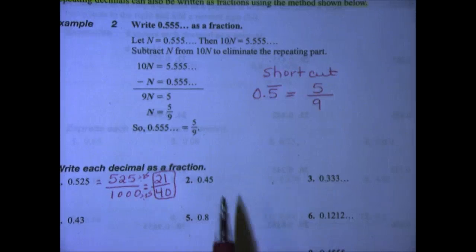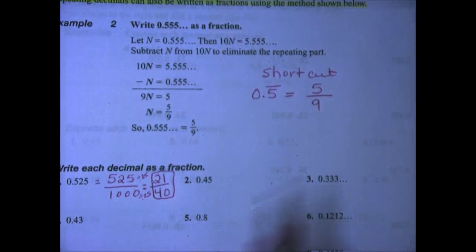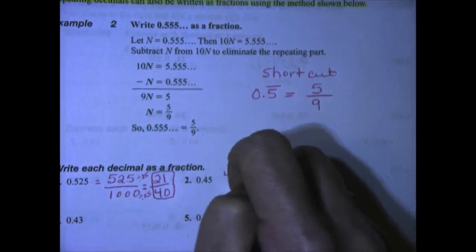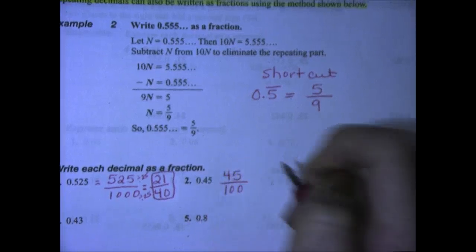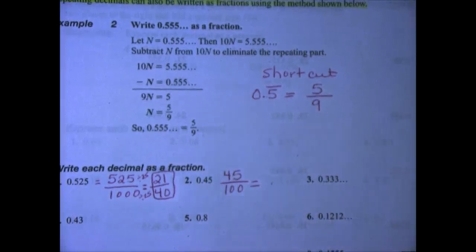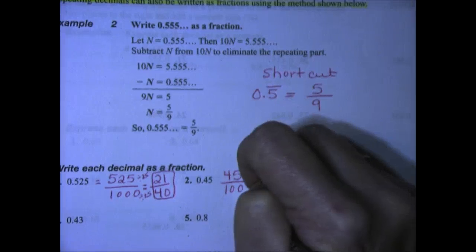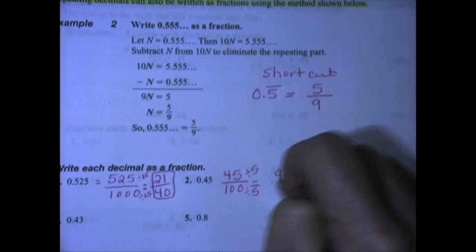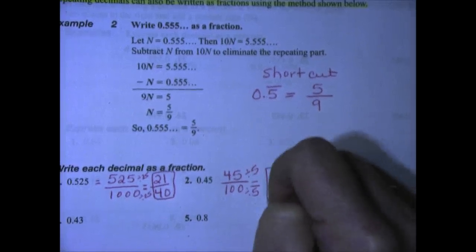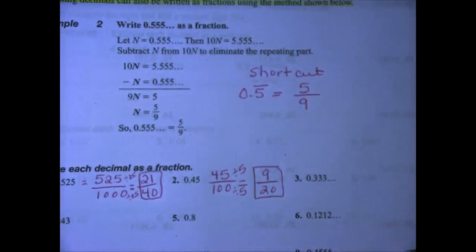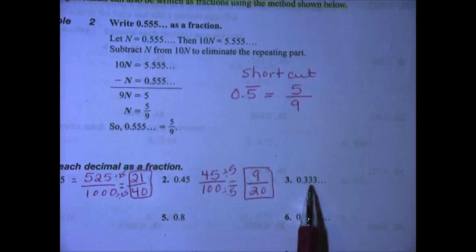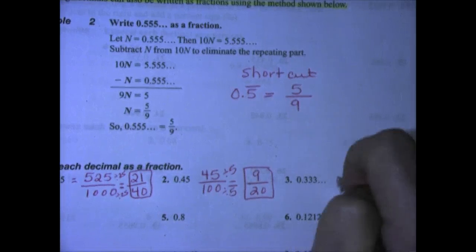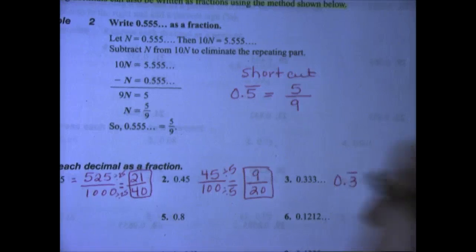Number 2, if I read this correctly, it's 45 hundredths, so I'm going to take 45 over 100 and simplify it. Here I would probably simplify by dividing by 5, and I would get 9 over 20. Now, number 3, we've got 0.333 repeating, which we could also write like this.